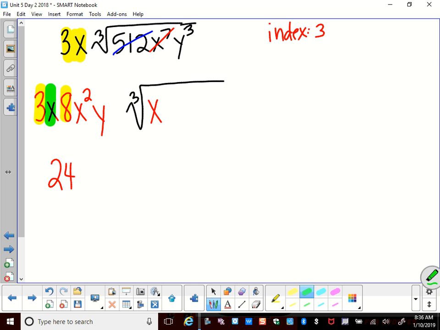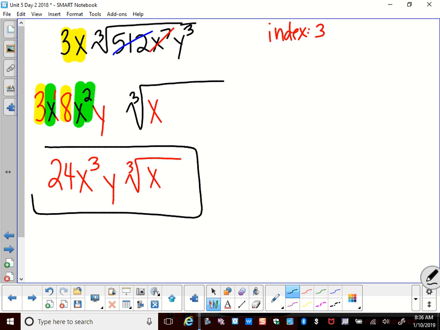Then I have x to the first times x to the second. So that gives me x cubed. That's basically a 1. And then my y is by itself, so that just comes down by itself. I still have the cube root of x. That is my answer.